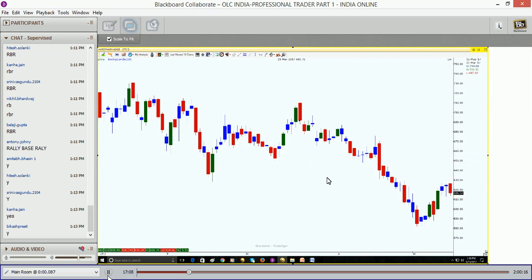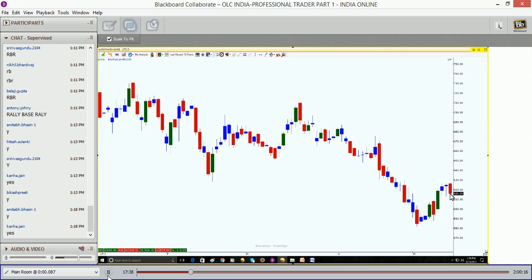I want to mark a supply zone in Aurobindo Pharma. Step number 1 says that I look left and up till I find a big drop in price. Now, if this is my current market price, can you see a huge drop over here where my cursor is, friends? If I start with my current market price, can I reach the base of this candle without cutting candles?